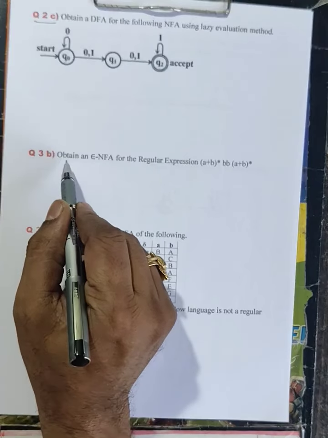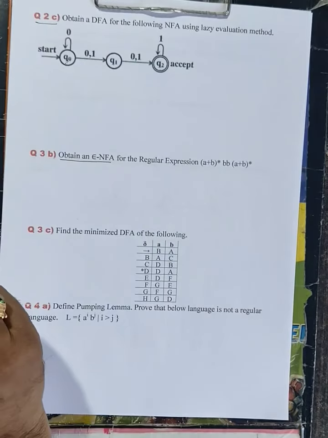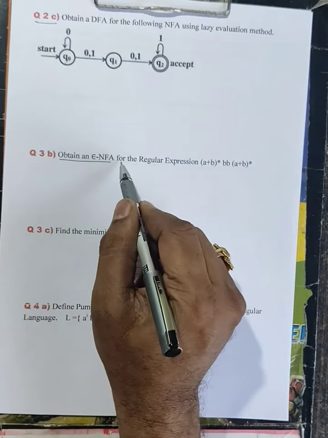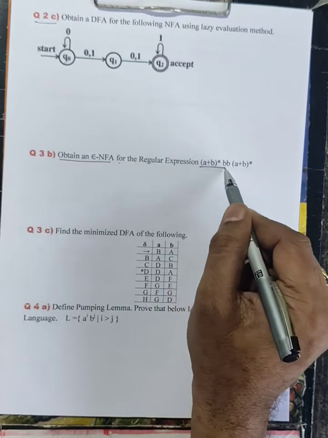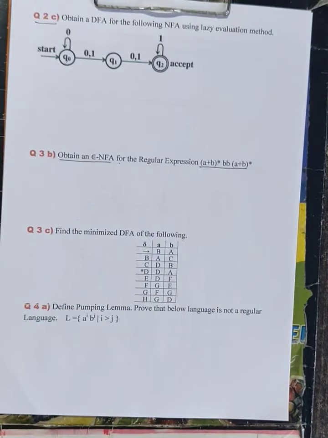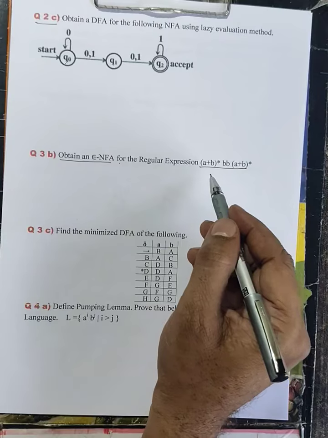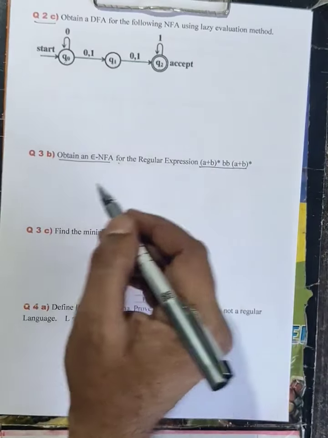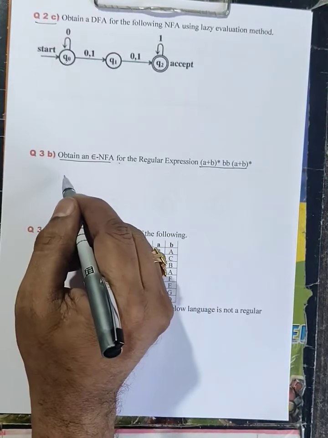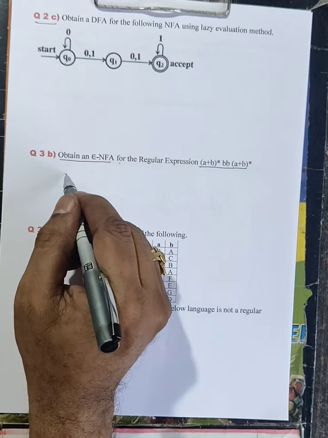Question number 3B. Obtain epsilon NFA for the regular expression. The regular expression is given. From this regular expression, we have to construct the epsilon NFA. First, (A plus B) bracket to the power star.